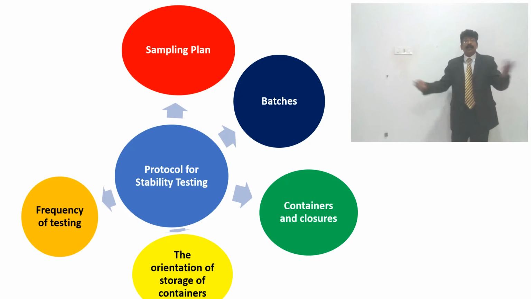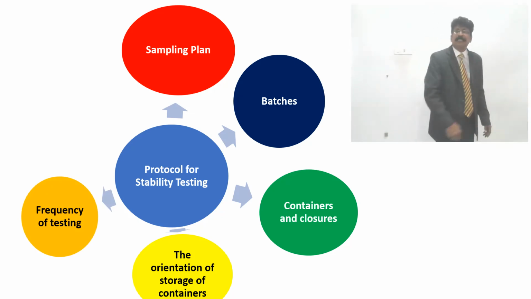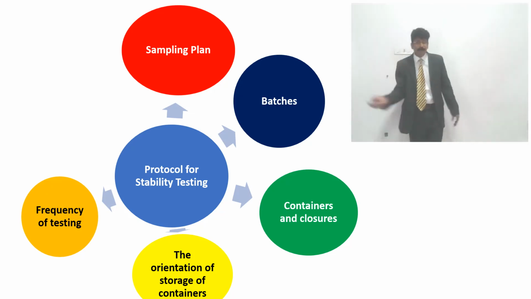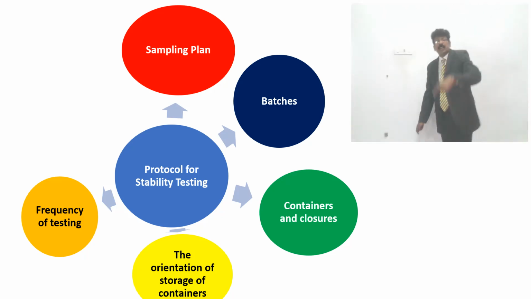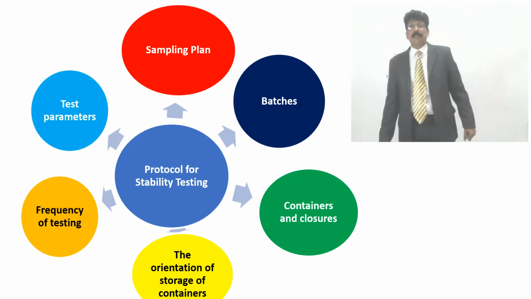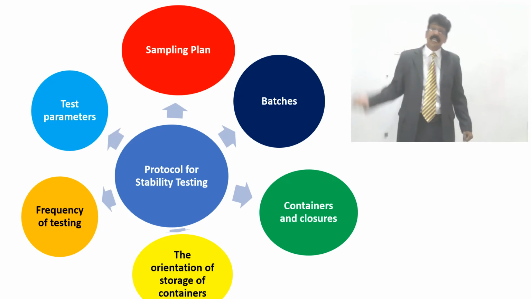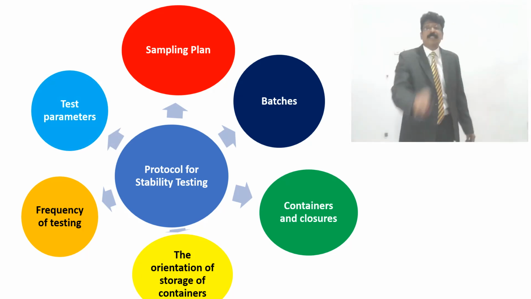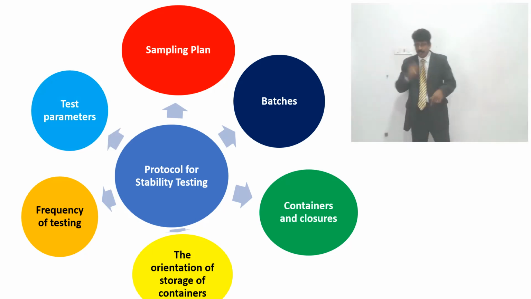And then number 5, frequency of testing. How long? 3 months, 6 months, 12 months. These we have already discussed. So frequency of testing is also a protocol for planning stability testing for herbal drugs or herbal preparations. Testing parameters also come under this. There are many parameters under testing, and they also come under the protocol. Where to test, when to test, and how to test.